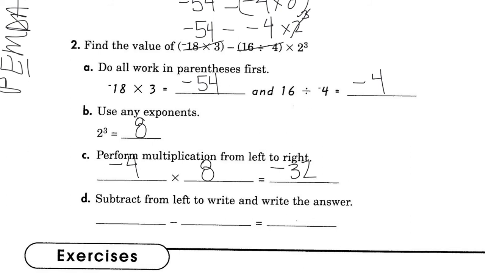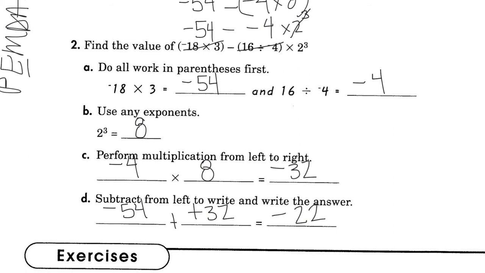Then it says subtract from left to right and write the answer. That write should have been the other right, talking about some homonyms. So we have negative 54 minus negative 32. Now, going back to our subtraction of negatives, I'm going to add the opposite, and I end up with negative 22. So that's how you go through and do it.